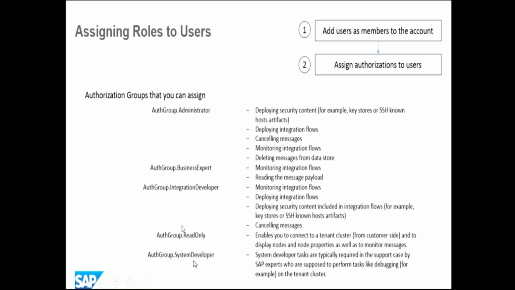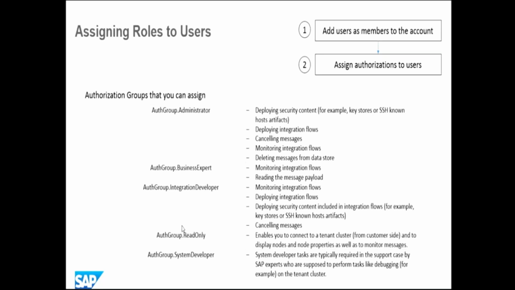Then you have the system developer. The developer task is typically required to support cases by SAP experts. So when we raise an SAP note and they ask for access to our HCI, what we do is provide auth developer to their user ID, and they are able to view the HCI tenant and do the debugging from there.